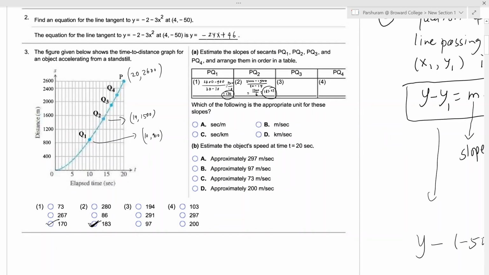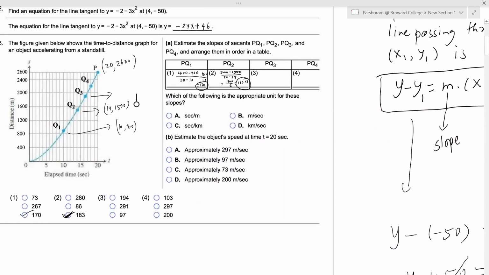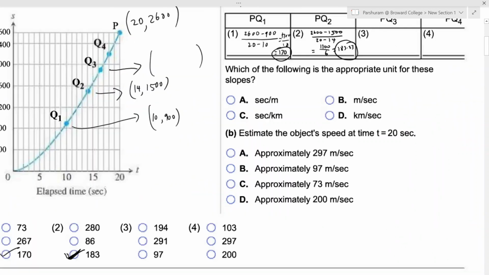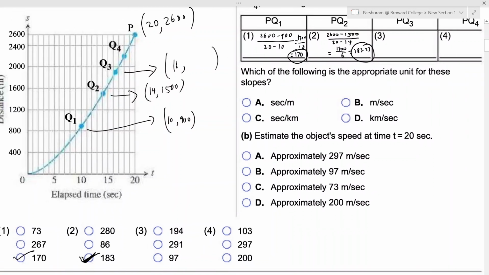By doing the very same thing for the third one, you can find the coordinate. You can see the x coordinate is 15, and then 16, and the y coordinate is very close to 2000, so maybe 1900.